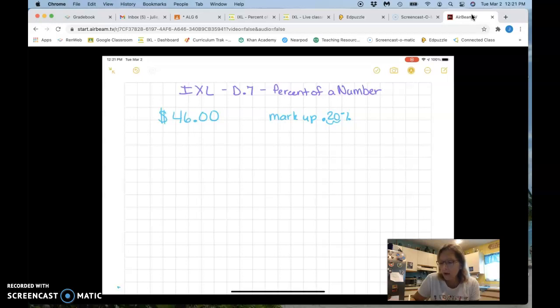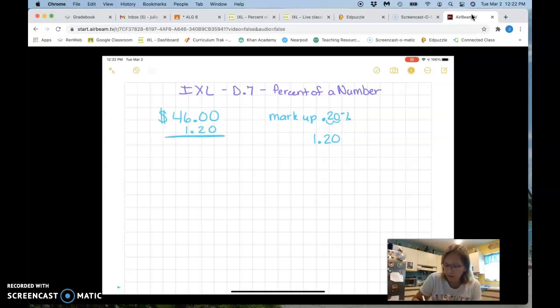And then I'm going to add that 1 in front. Remember when I did that in class last week? So I'm going to multiply by 1.20, and that's going to give me the total cost with the 20% markup.